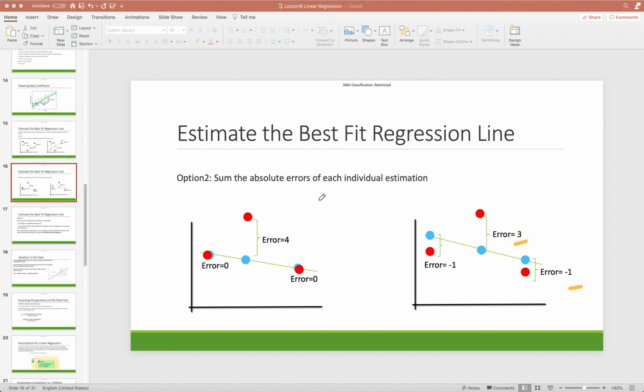So the total error here will be 4, and the total error here will be 5. So 4 is less than 5.